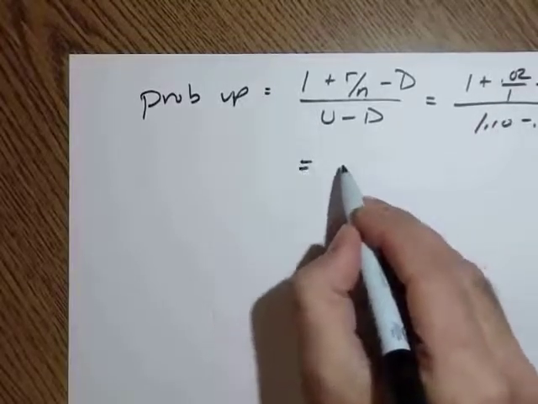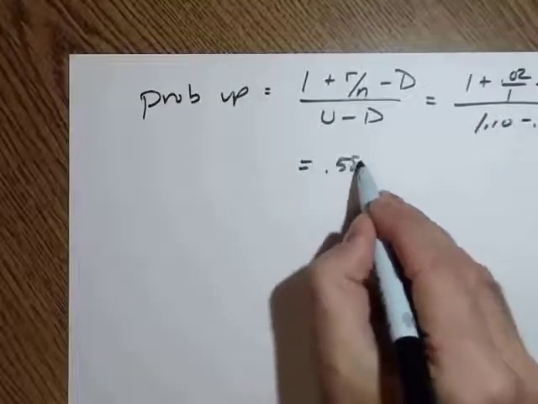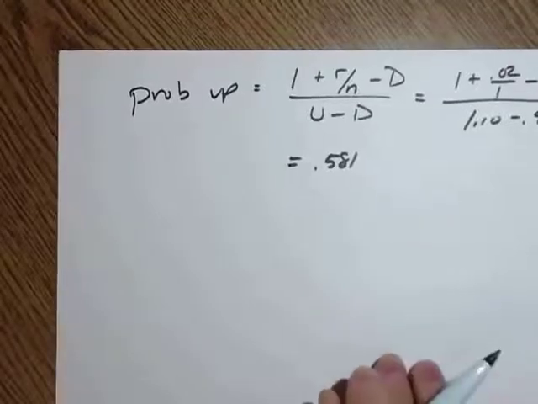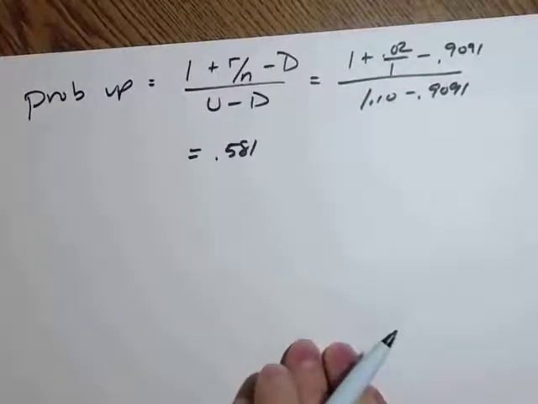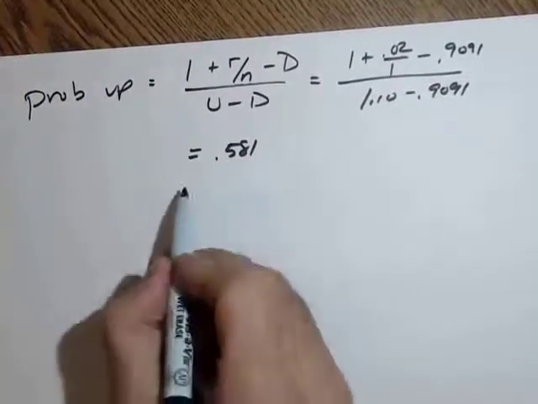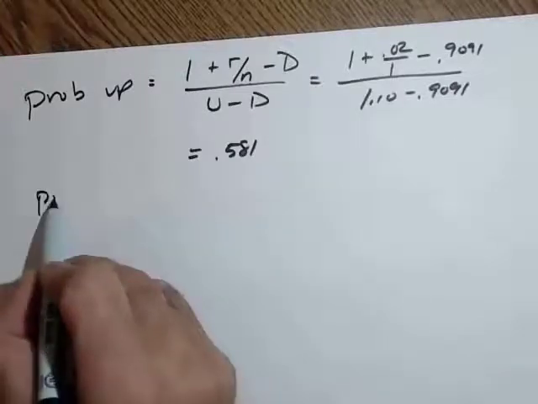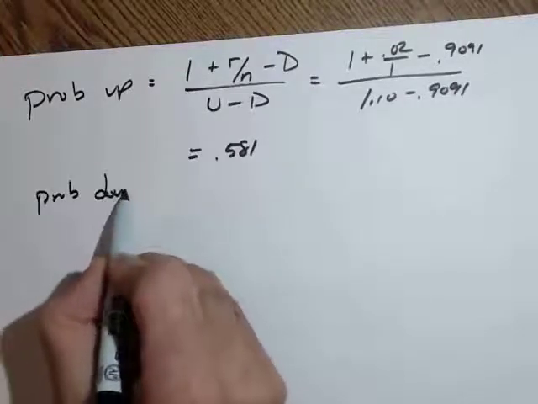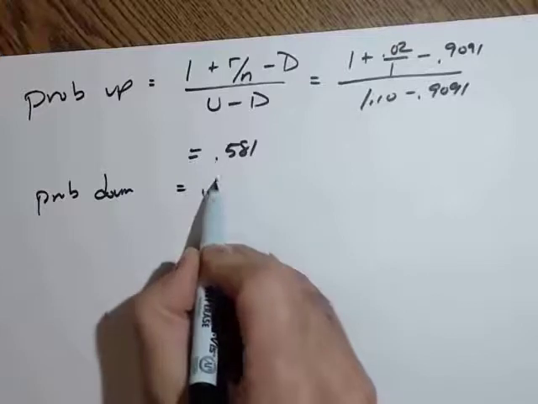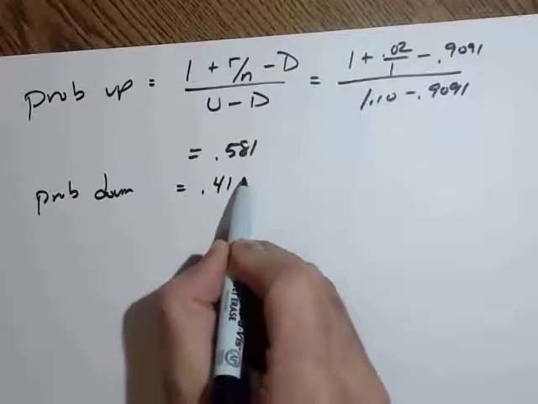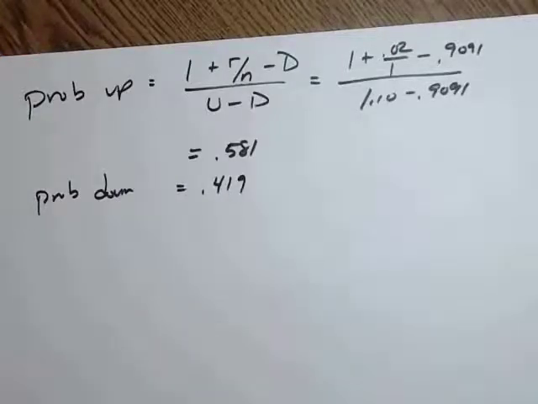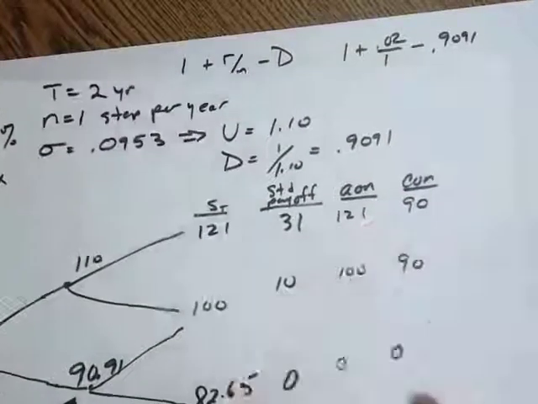That is 0.581. So the probability of going up is 0.58, which implies the probability of going down, 1 minus that, is 0.419.